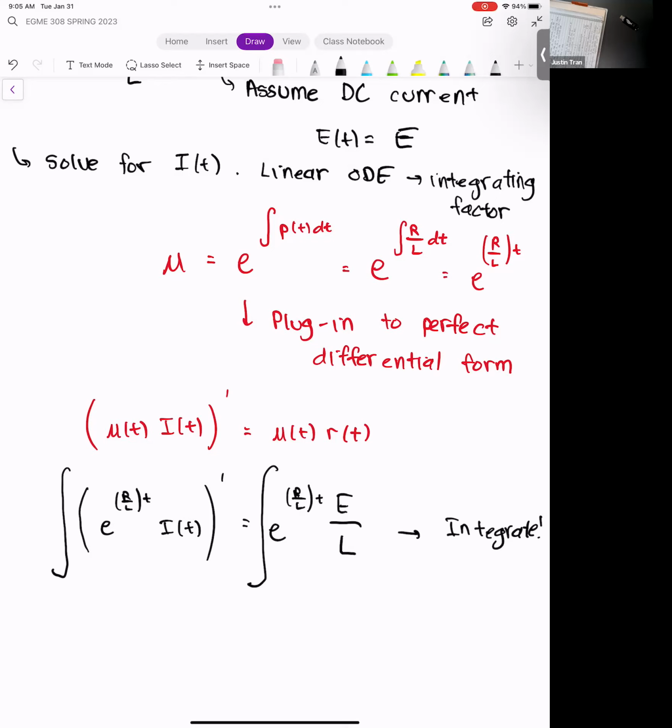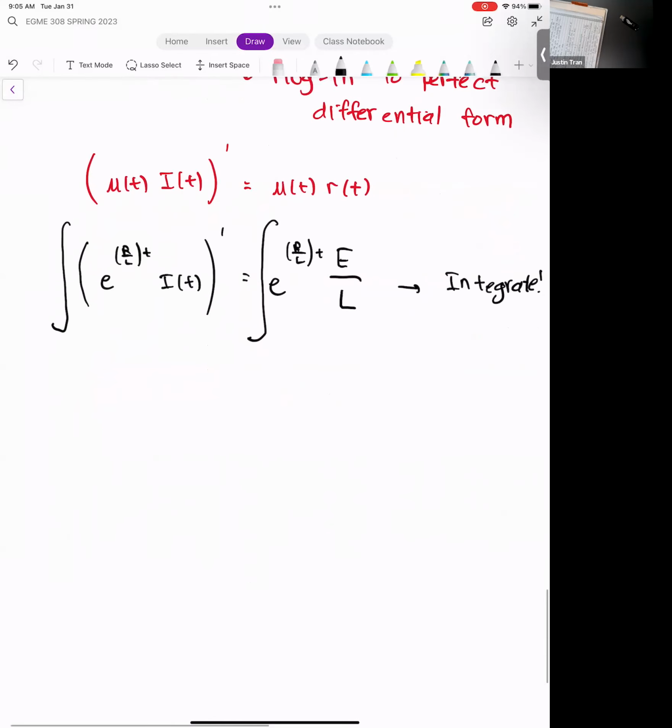Those are going to cancel out. And so on the left, all that we're left with is e to the R over L times t times I of t. And on the right-hand side, we can go ahead and perform that integral.